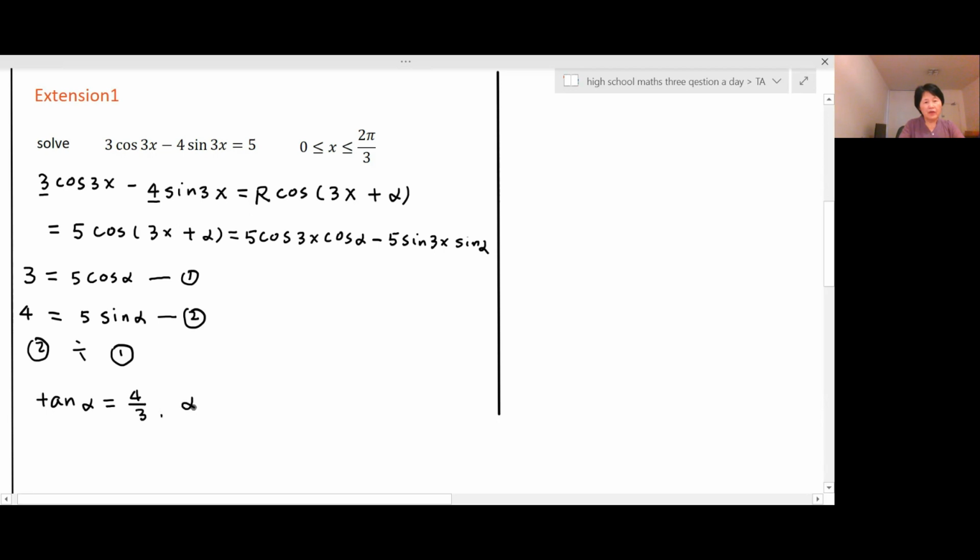Then alpha must be equal to inverse tangent of 4/3, which equals 53 degrees.